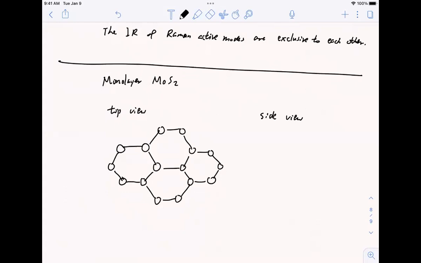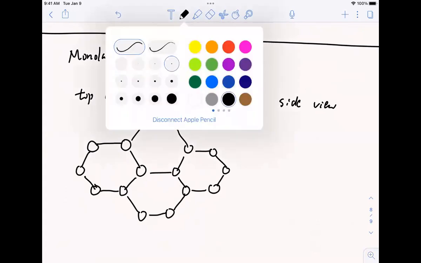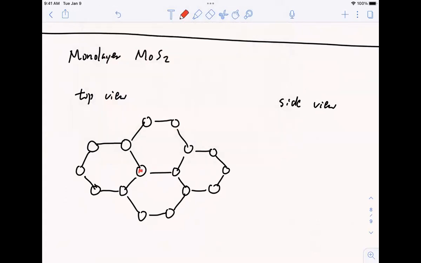Basically, you have the Mo atom here, and then you have the S atom. I should draw it bigger.